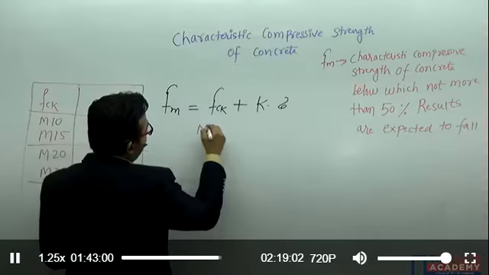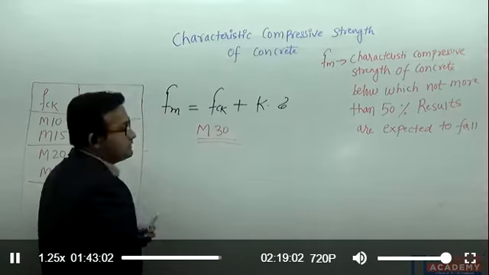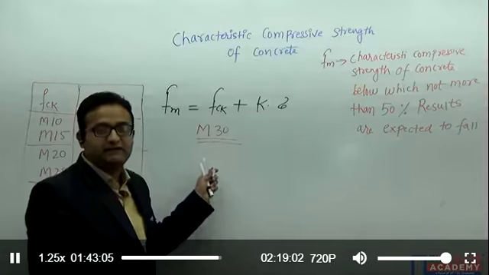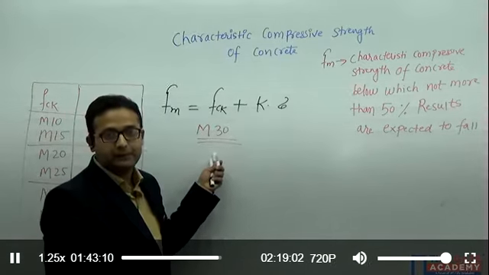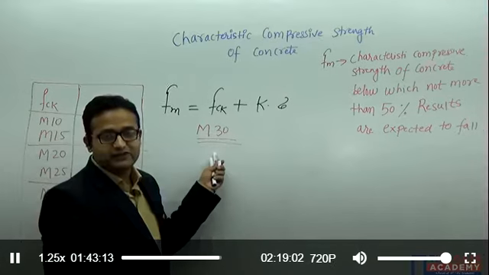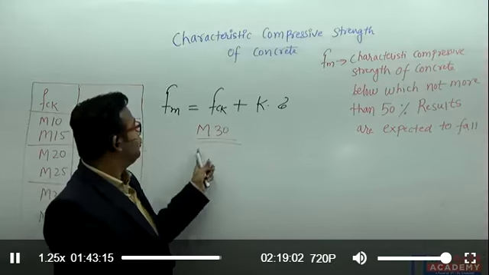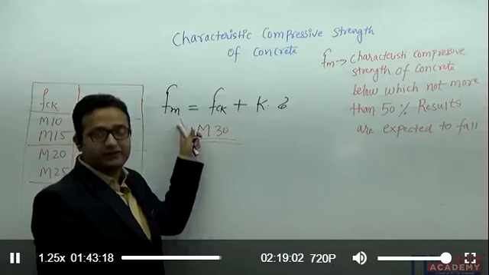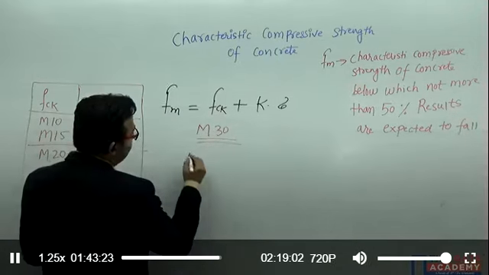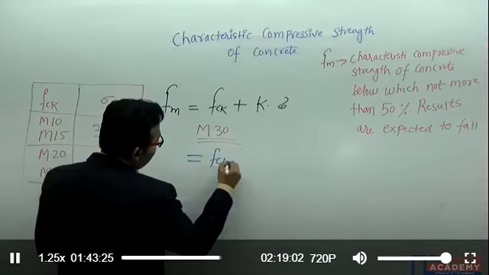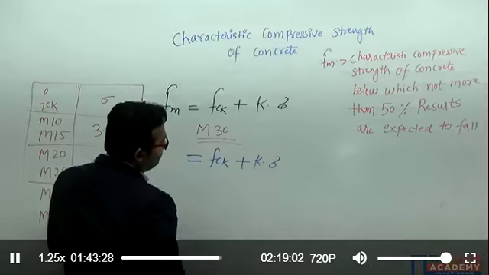Find FM for M30 grade of concrete. Suppose I want to prepare concrete which has a characteristic compressive strength of 30 Newton per mm square. So what should be the target mean strength? How to calculate the target mean strength? Here I know the formula: FM equals FCK plus K into sigma.